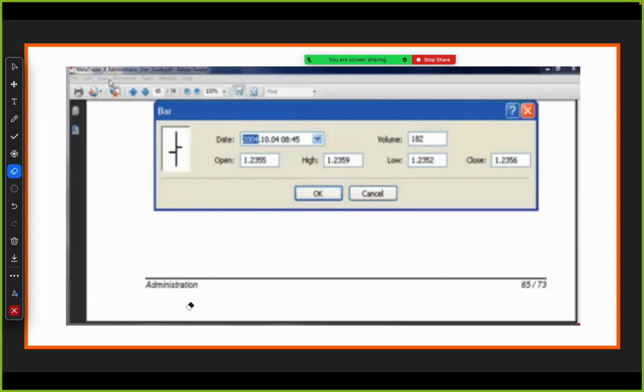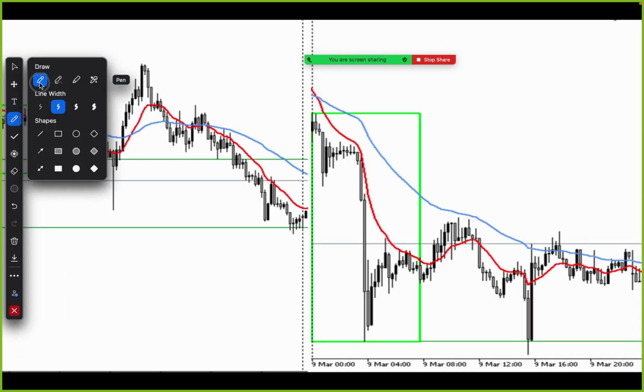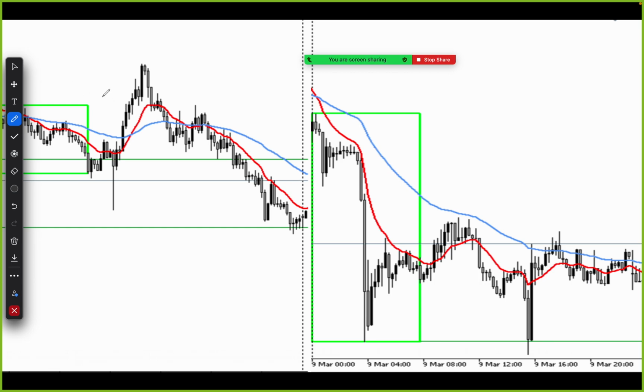Here's an example on the chart. Alright.